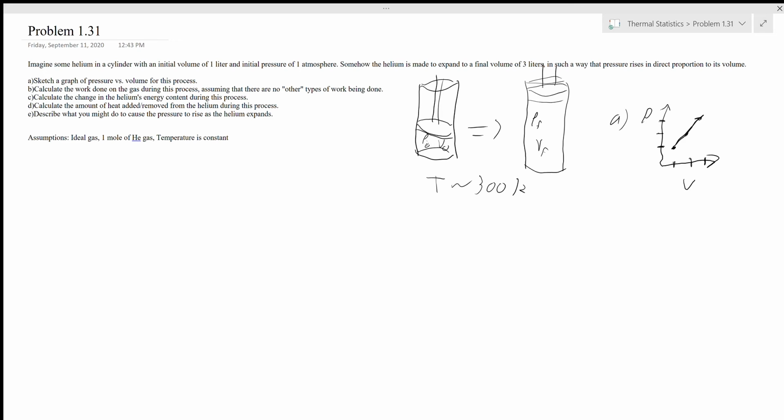So since I've done part A, I will now do part B, which is calculate the work.